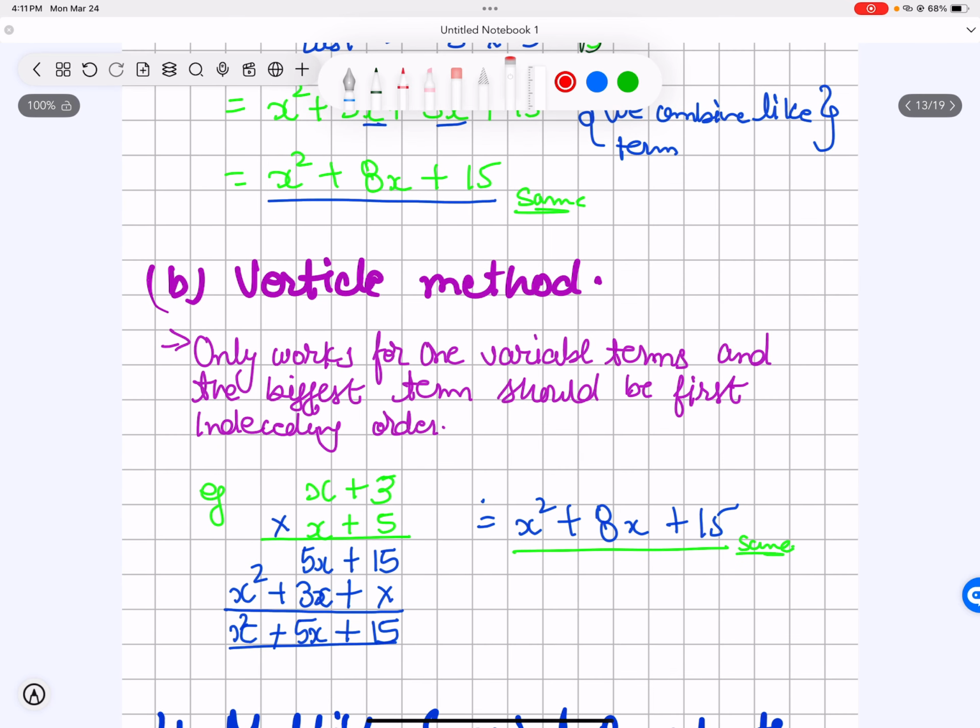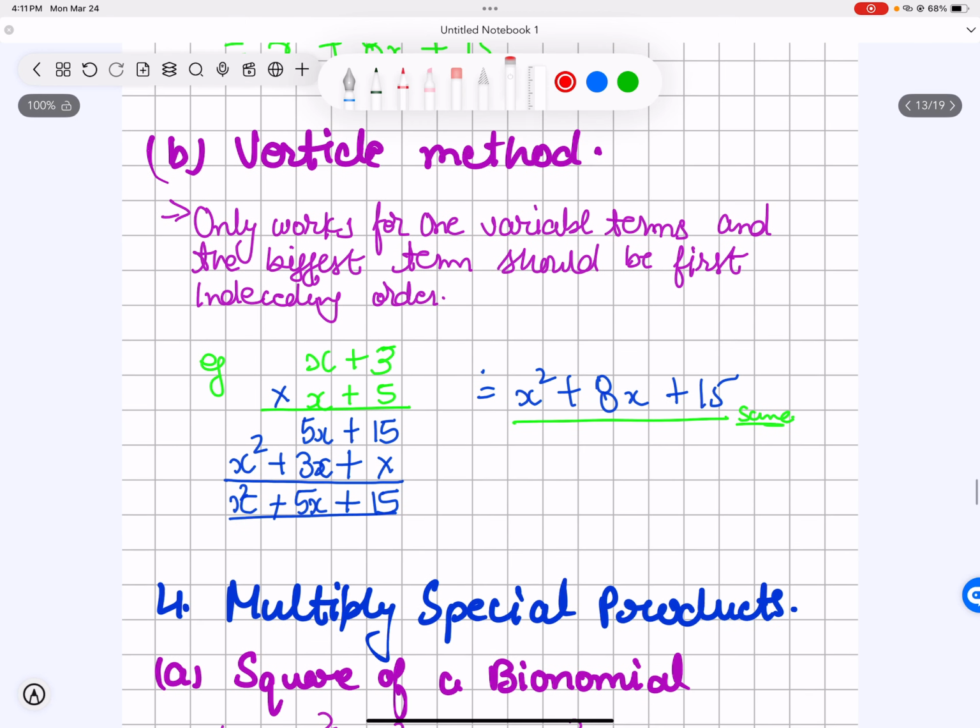But there is a problem. It only works for one variable term, and the biggest term should be first in descending order, as I was doing earlier. I think I mentioned it in a few examples. So the biggest term should be first in descending order.